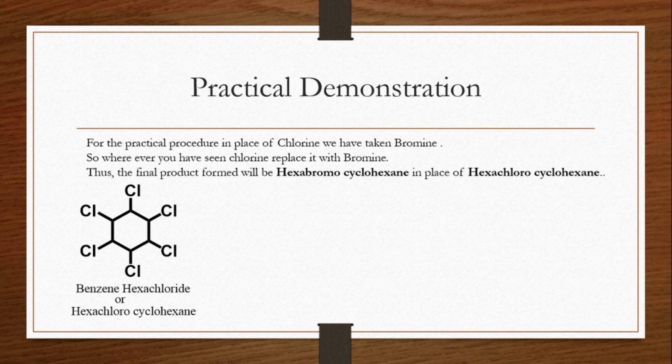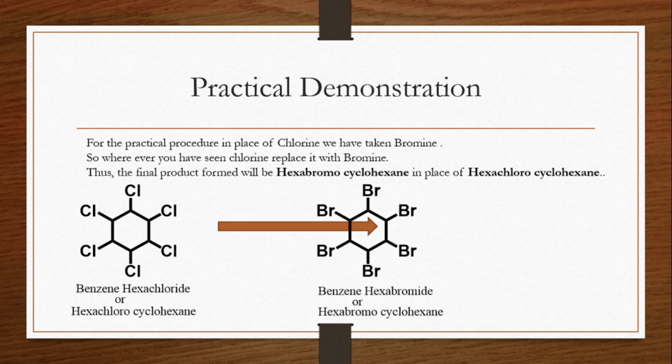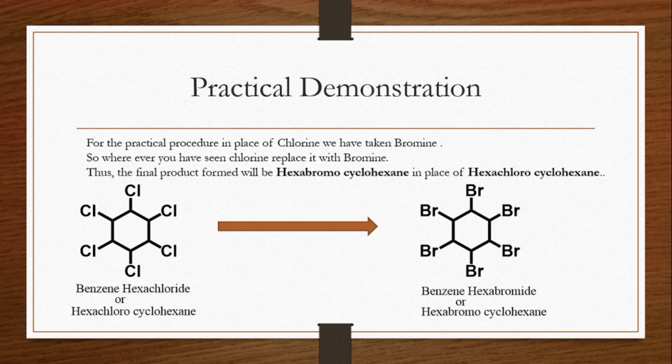Here the benzene hexachloride or hexachlorocyclohexane, since we are replacing chlorine with bromine, will result in the formation of benzene hexabromide or hexabromocyclohexane. This is our final product which we will see in our next step.